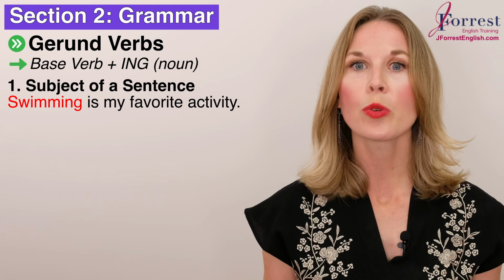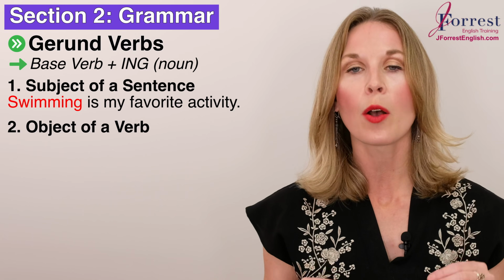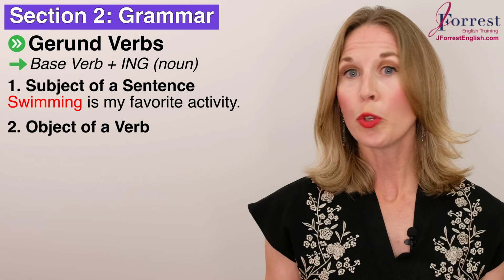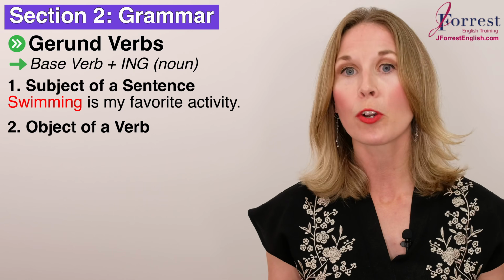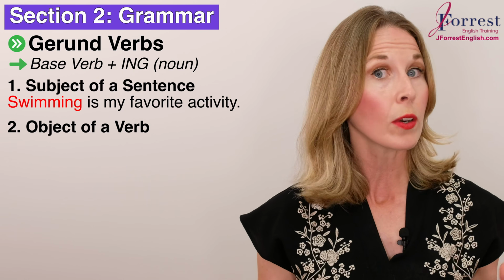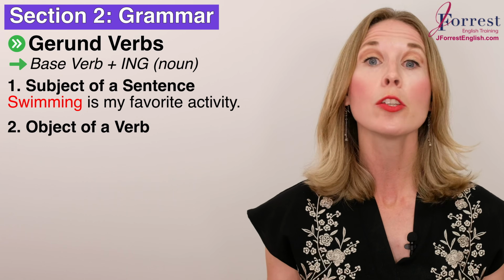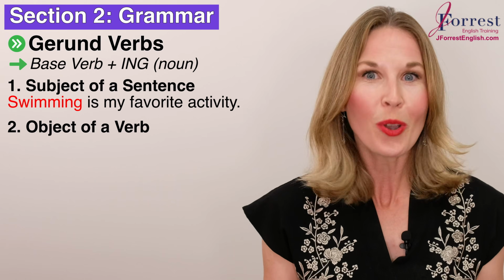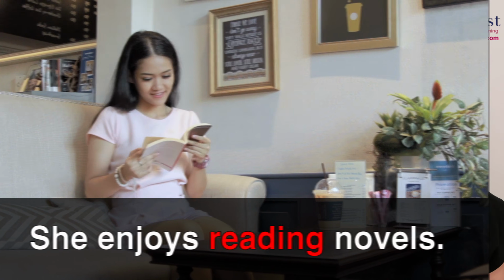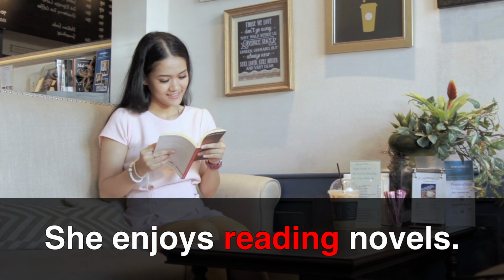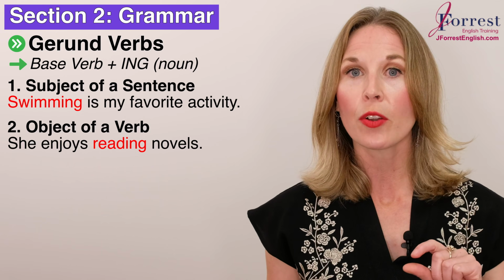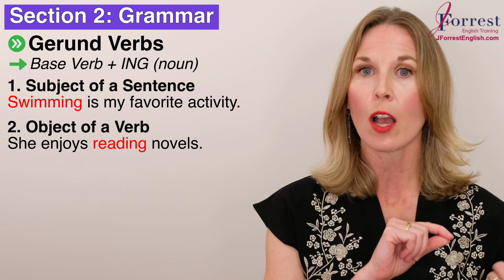Gerunds are also used as the object of a verb. You most likely know this with verbs of preference, which you learn at the more beginner intermediate level. She enjoys, you know you need a gerund, right? She enjoys reading novels. So here the gerund functions as the object of the verb.